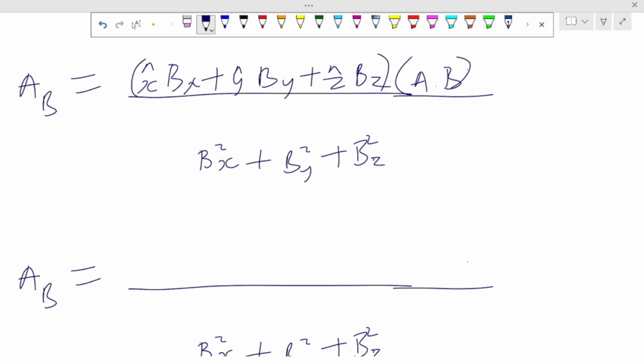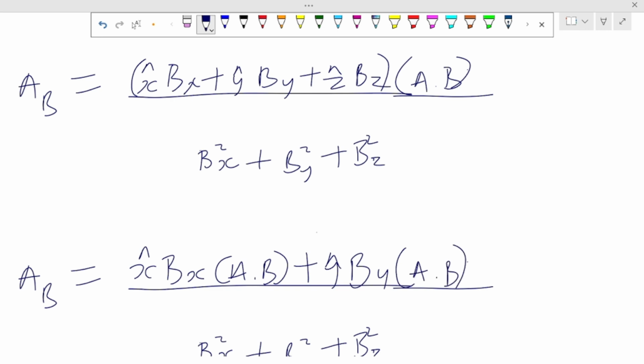So the first part will now be x direction, bx, and then we now have a dot b. Then we now have plus y direction, by, a dot b. Then we have z direction, bz, a dot b.